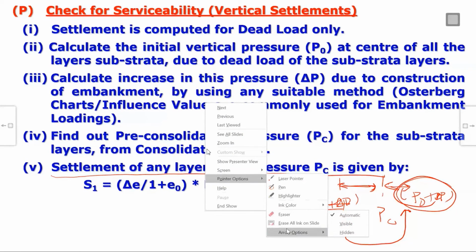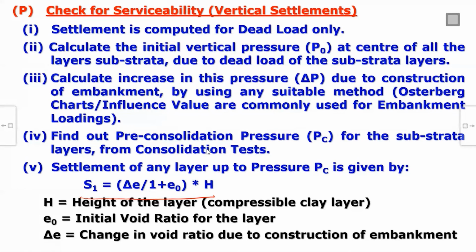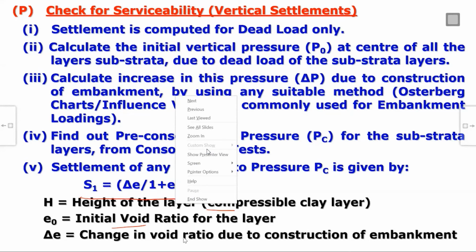So settlement up to Pc is given by this formula, S1 equal to delta E divided by 1 plus E0 multiplied by H. H is the height of the layer, the compressible soil layer. E0 is its initial void ratio, which we find out in the consolidation test, and delta E is the change in void ratio due to construction of the embankment.